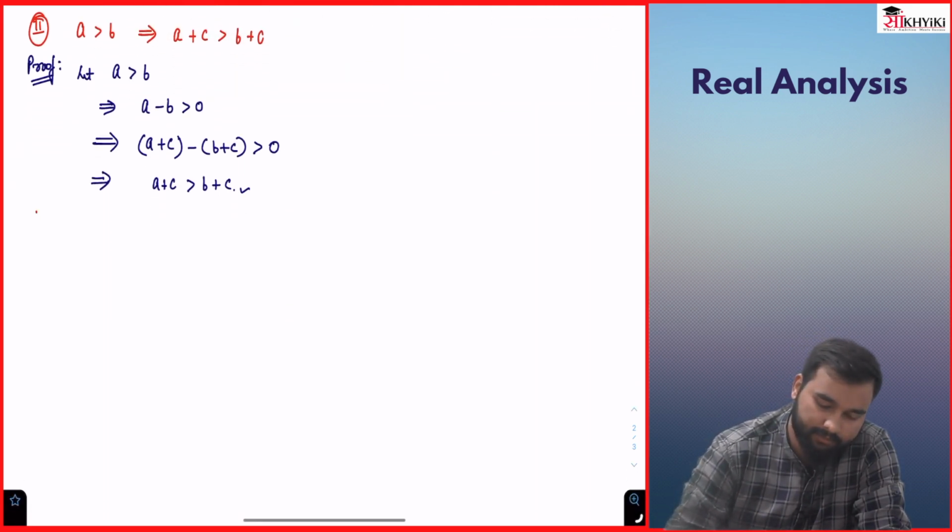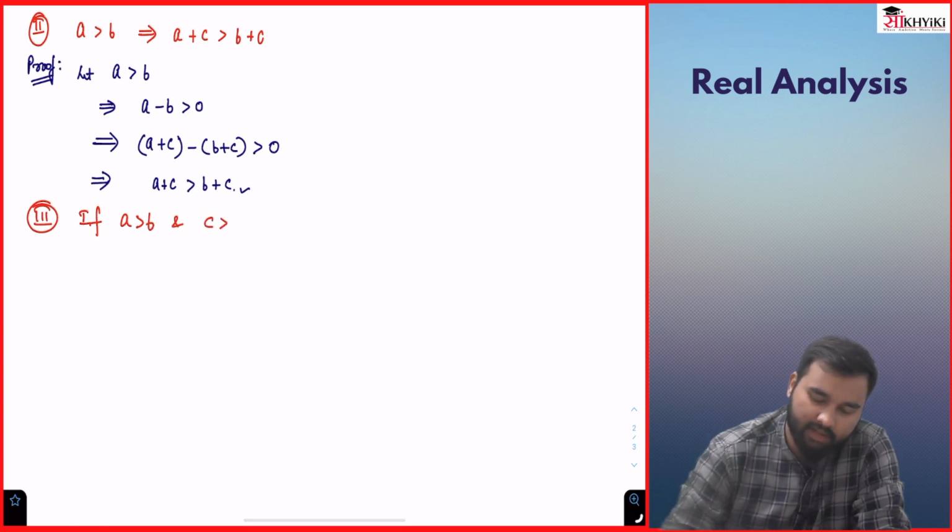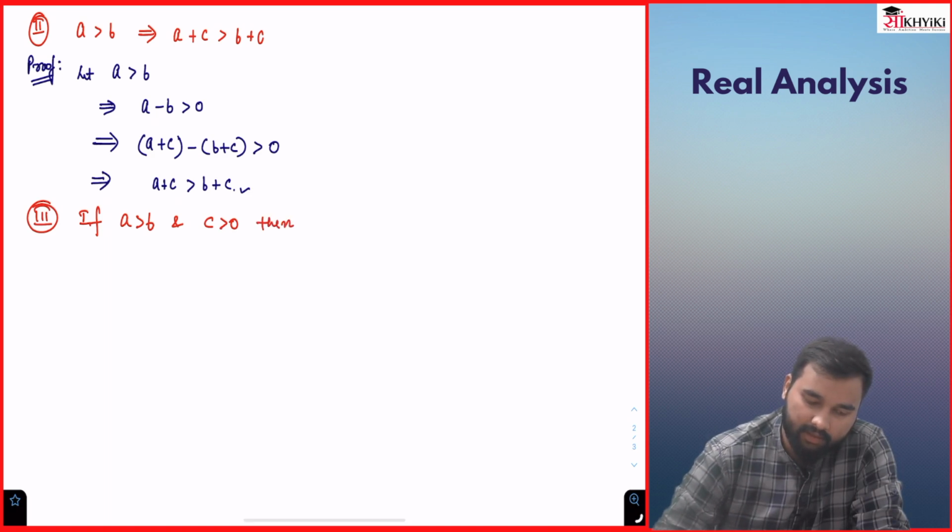Third property. If a is greater than b and c is a positive real number, then ac is greater than bc.